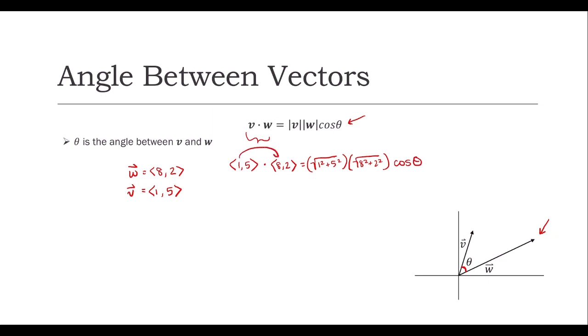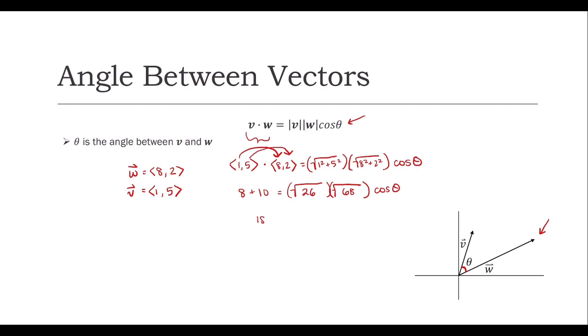So our dot product would be 8 plus 10 equals the square root of 1 squared plus 5 squared, so 1 plus 25, so the square root of 26, times the square root of 8 squared plus 2 squared, so 64 plus 4, so the square root of 68, times your cosine of theta.